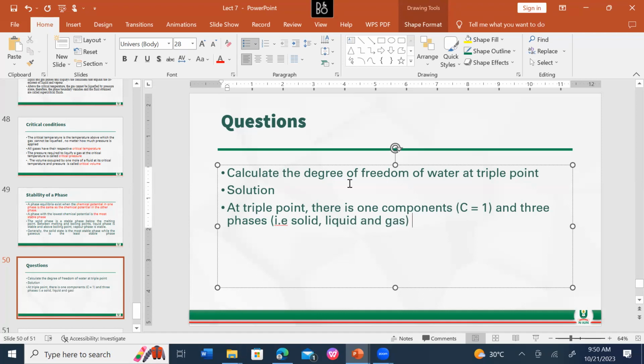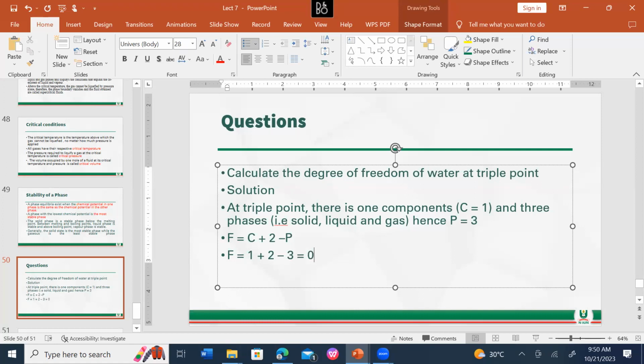Hence, the number of phases P is equal to 3. And the phase rule tells you F is equal to C plus 2 minus P. So the degree of freedom for water at triple point will be C is 1, plus 2 is a constant, minus 3, and that is equal to 0.